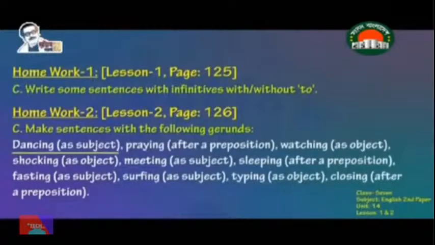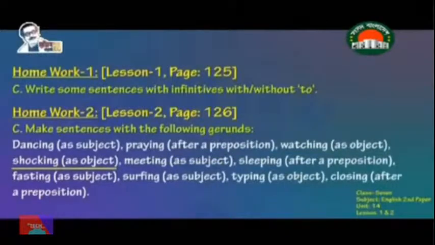The verb dancing. You have to use it in a sentence as a subject. Next one, praying. You have to make a sentence where praying will come after a preposition. Next one, watching. You have to make a sentence where watching should be the object of the sentence. Next, shocking.